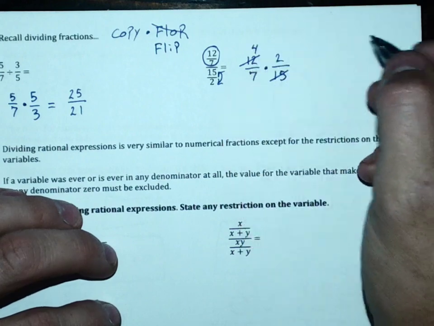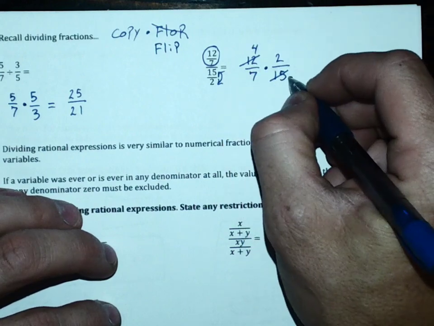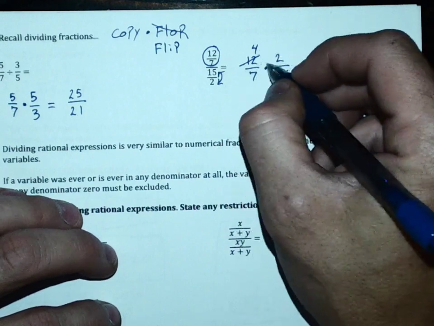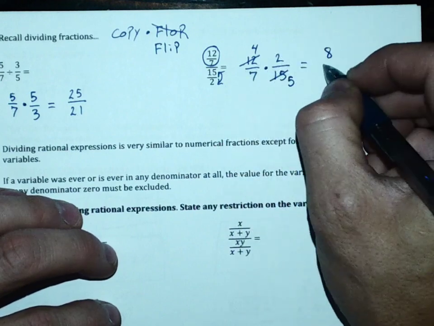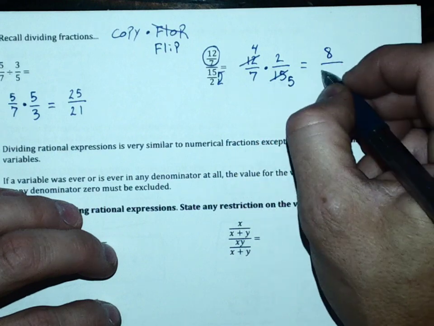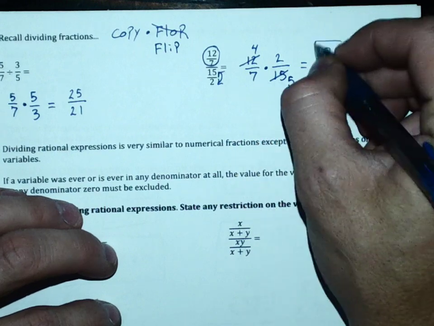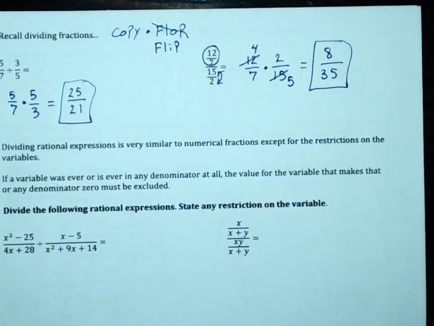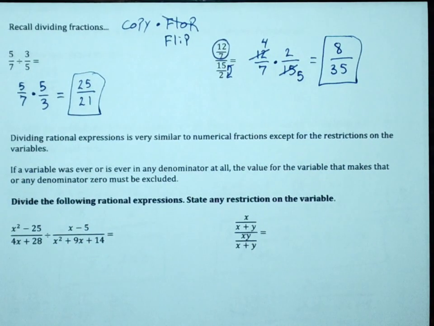It goes into 12 4 times, and it goes into 15 5 times. Multiply straight across. 4 times 2 is 8. 7 times 5 is 35. Those are your two answers there.